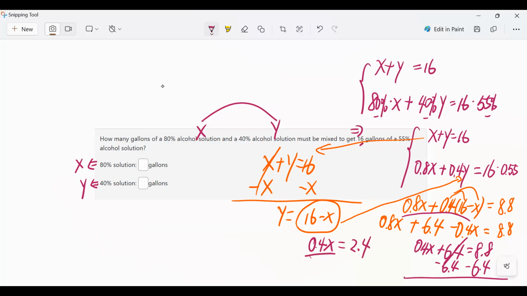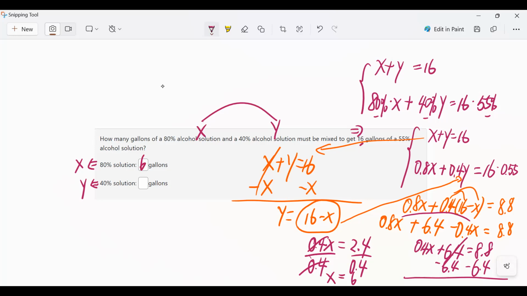Very last step, divide both sides of the equation by 0.4. And so that's equal to 2.4 over 0.4. It's equivalent to 24 over 4, which is 6. So x equals 6 gallons of 80% alcohol solution.